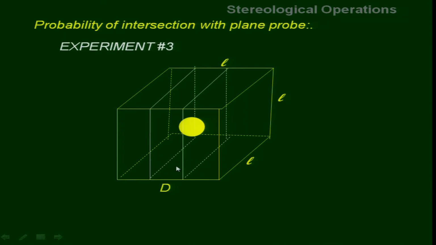So, the probability of a random cut parallel to these tangent planes, intuitively we can guess, would be nothing but the ratio of this length versus the total length, which is the ratio d upon L.